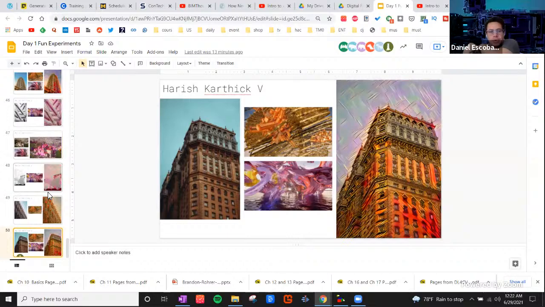The wavy shape is more fluid, so it probably attaches more to clouds or things of that nature, whereas the upper image is more geometric. What the neural network is doing is trying to find correlations between these feature layers, and the things that are more similar kind of stick together in a way.